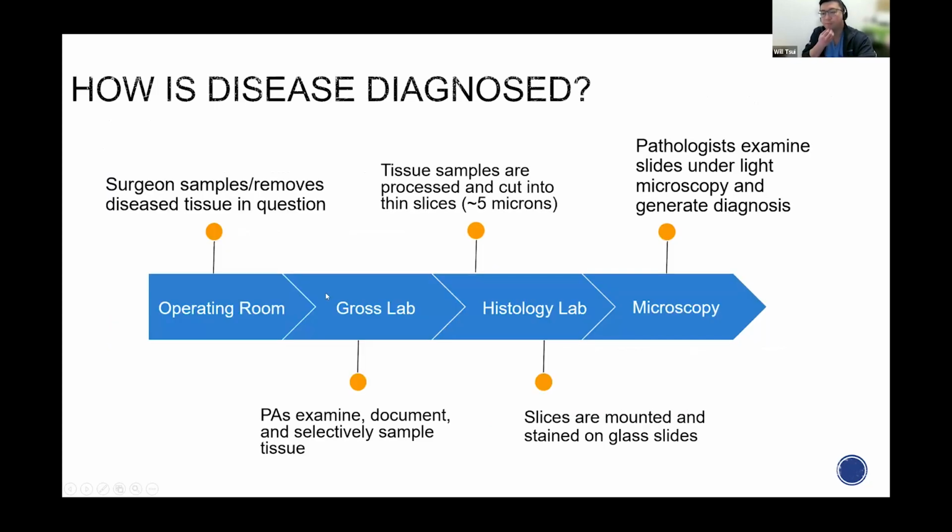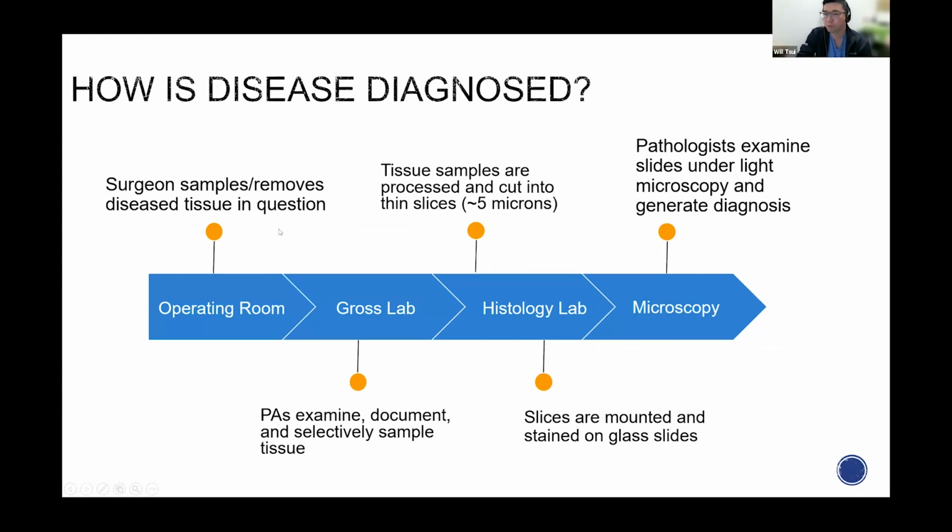Before we go on, I'd like to give everyone a brief overview of what happens in a pathology lab and how diseases are diagnosed. When a patient comes into the operating room, a surgeon or clinician may remove either the diseased tissue in question, or they take a sample of the area in question, and that sample makes its way into the pathology lab.